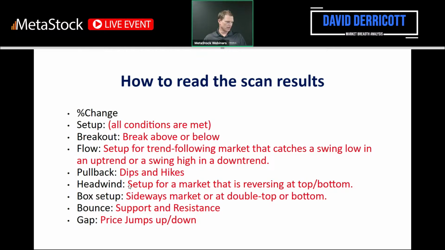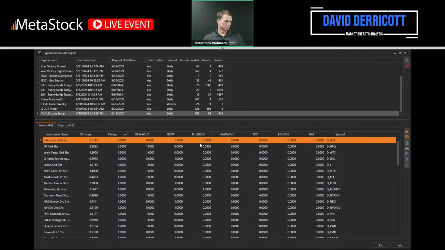I'm also looking at the headwind, which is a setup for the market. The market is looking at reversing at either the top or the bottom. So if I base it just on the headwind, this one didn't actually give me any results, but there would be a 1 in here.